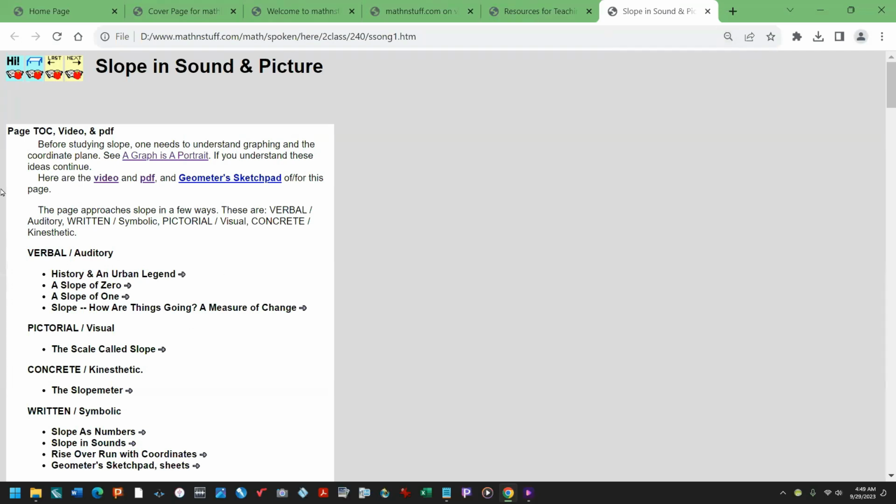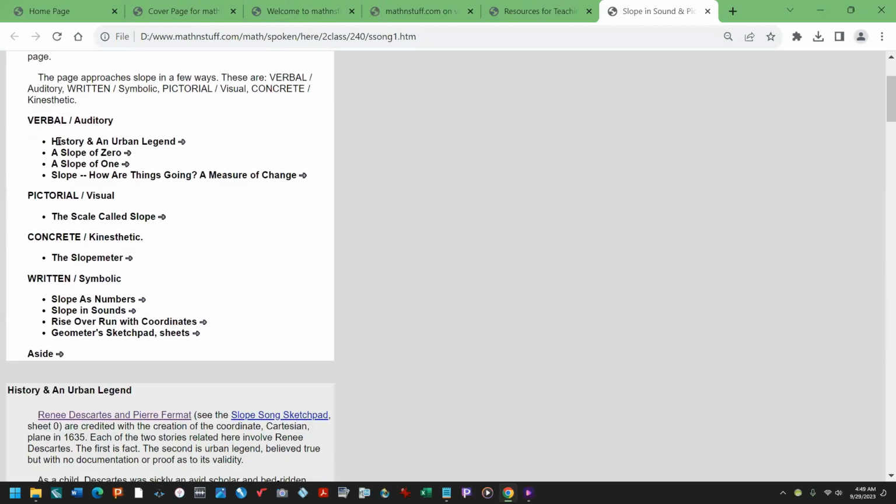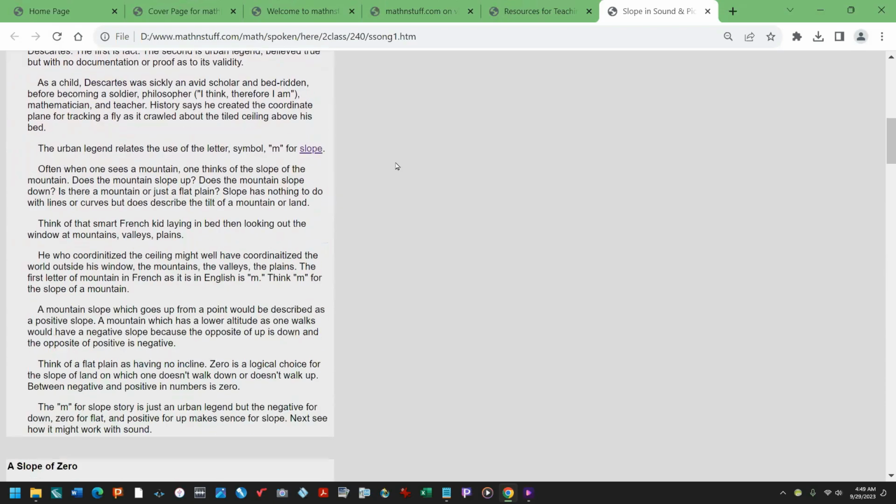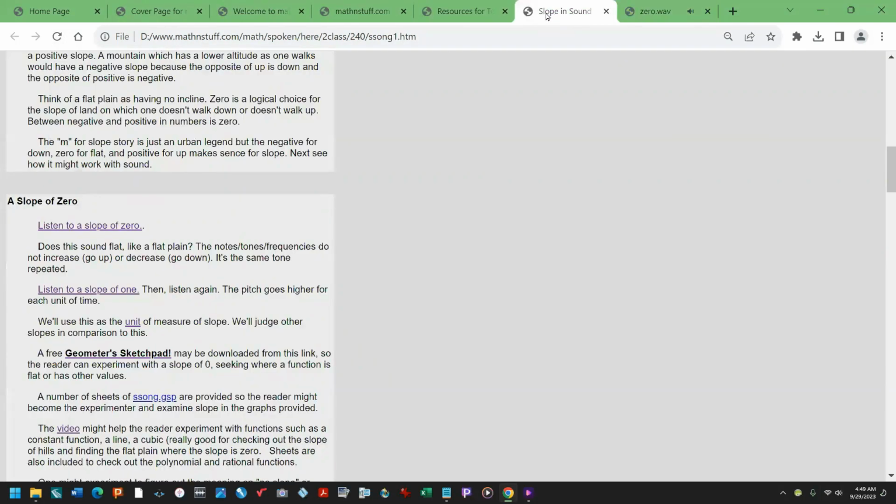The agenda is introducing slope. I do it with a little bit of history and urban legend, and then go directly to the slope of 0. Listen. Well, it gets more interesting if you wish to listen to a slope of 1.